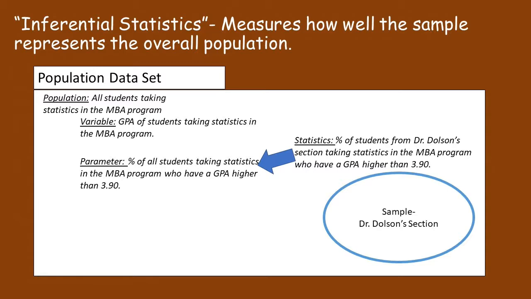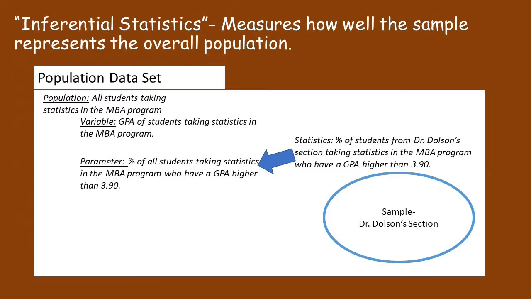Inferential statistics helps us solve that dilemma by measuring how well the sample data represents the population. So in this little example, if my section is a good representation of the overall population, then we could hypothesize that the improvement in the GPA resulting from how I teach, etc., in my section will result in improvements in the GPA of the entire population, in this case all MBA students who are taking statistics.